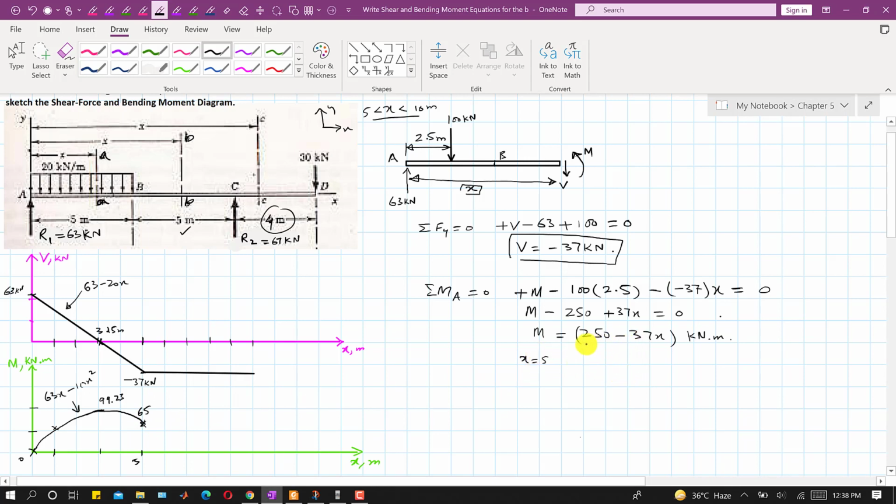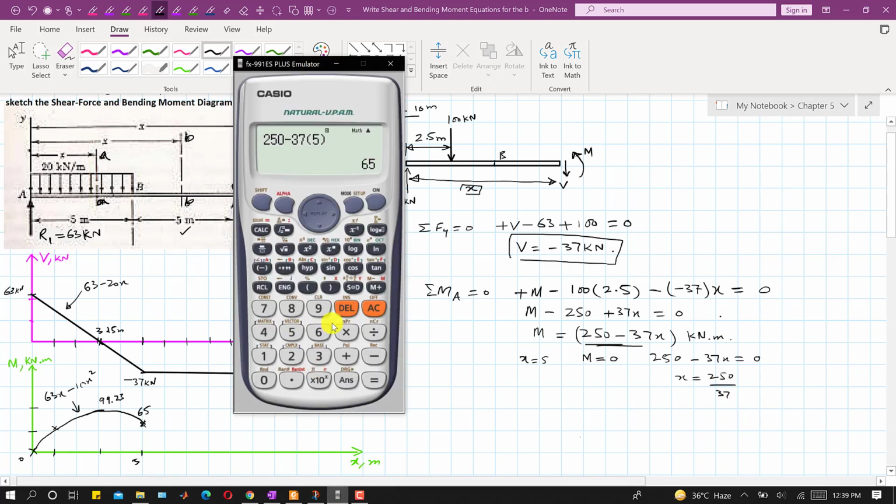And as we can see, again this is a straight line equation. If I want to find the x value for which the moment will be equal to 0, I need to equate this equation equals to 0. So 250 minus 37x equals to 0, so we can say that x will be equal to 250 divided by 37.